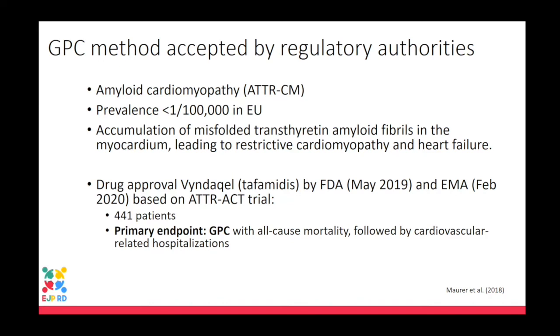The drug was approved for a disease called amyloid cardiomyopathy, which had an orphan drug status. Well, you can question that perhaps if you can do a study with 441 patients. I think some of the listeners would dream of being able to do a study that large. But in fact, both the FDA and the EMA, regulatory authorities, have already been exposed to this methodology and have approved the drug for a rare disease indication.